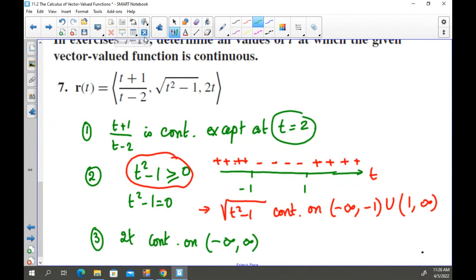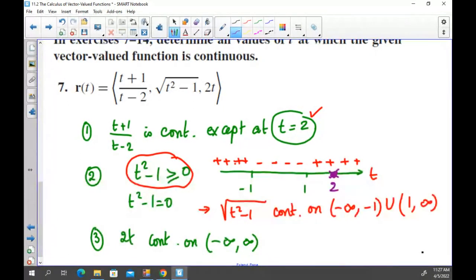So when we put all of this together, what about the 2? Well, 2 is here. We need to take it out. That means this function r is continuous from minus infinity to minus 1, and then from 1 to 2, and then from 2 to infinity.